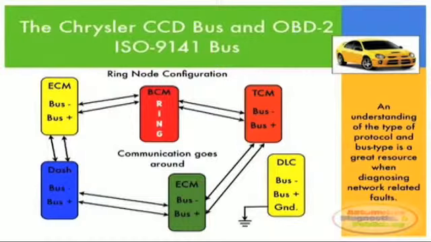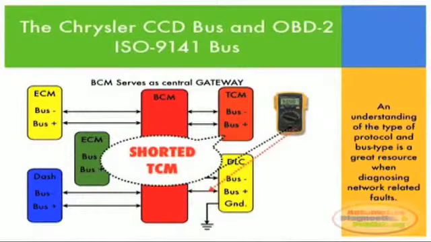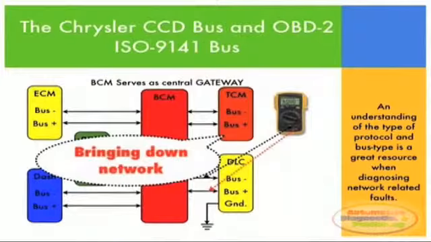But if two nodes go down, then the network is gone. Cadillac and BMW use this type of network. A two-wire system tends to have a floating ground, which is not the same as chassis ground. A single-wire network uses chassis ground.